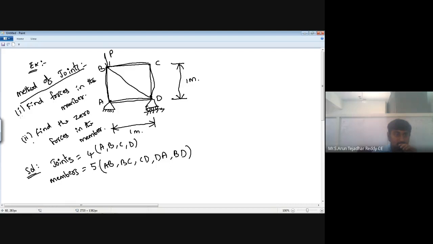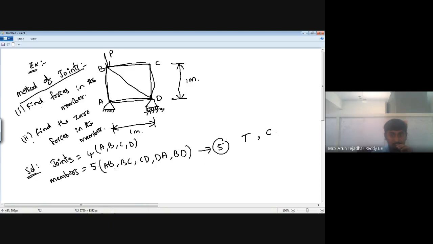So here the first question is to find forces in the members. How many members are there? 1, 2, 3, 4, 5. So we need to calculate the 5 member forces. Whether each is tension or compression, we don't know.